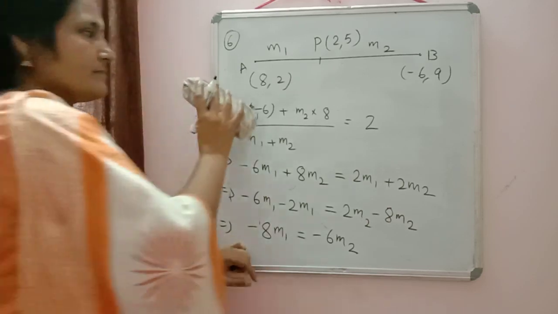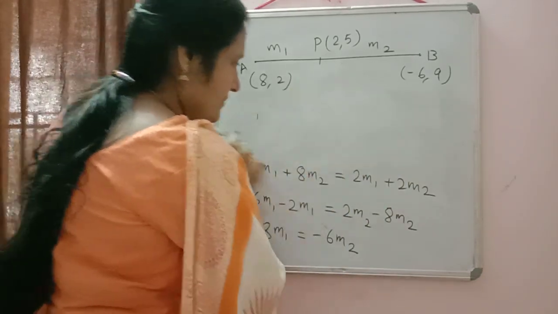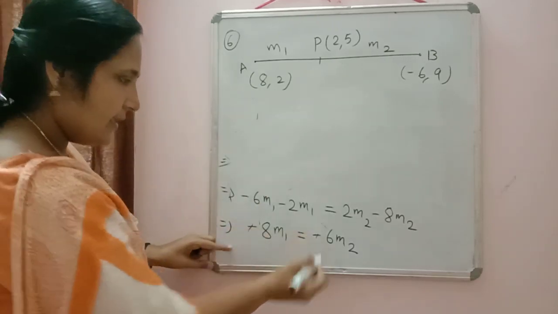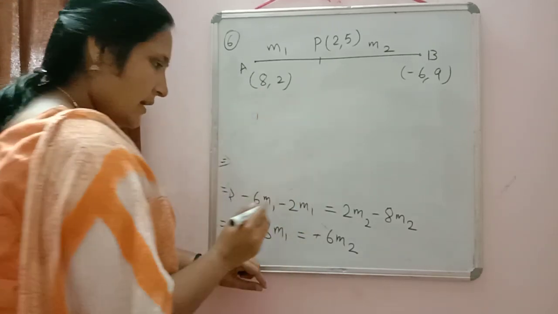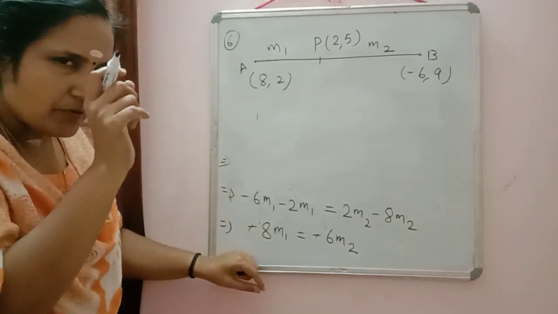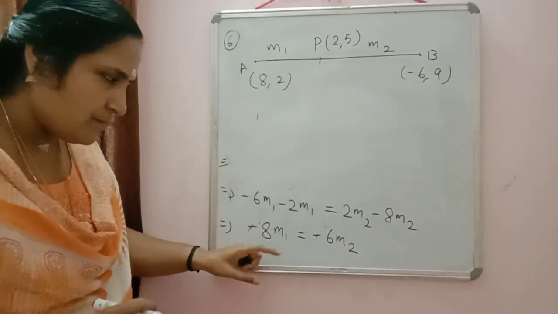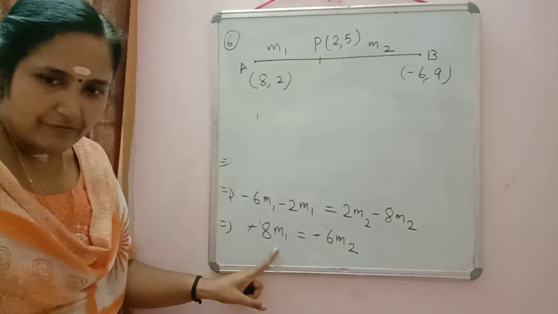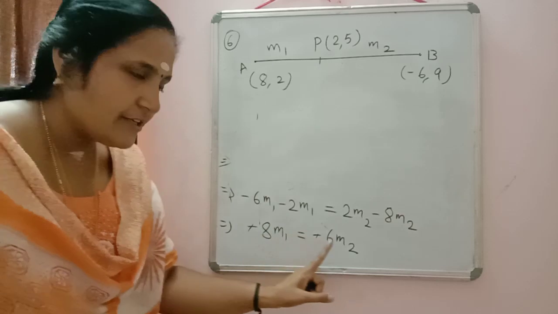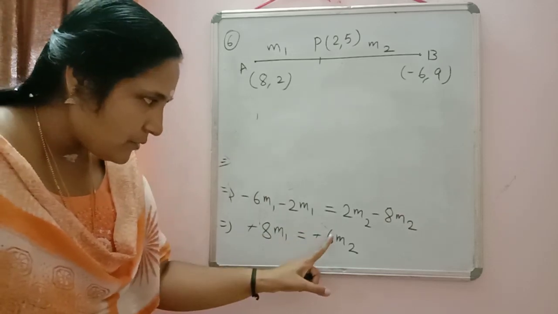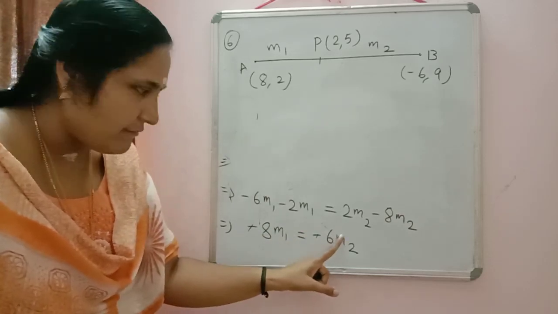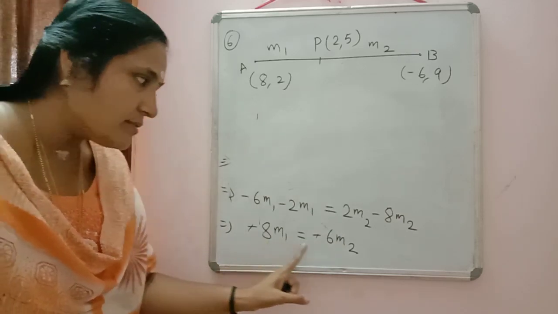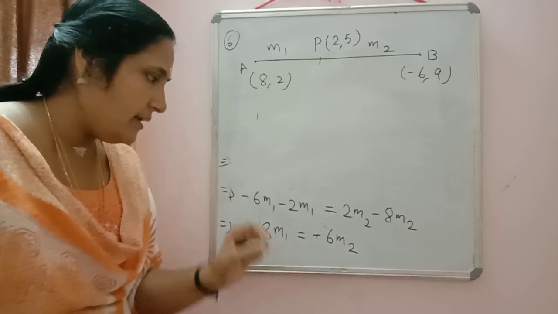Okay. Here the negative sign gets cancelled. Now we have to find the value of m1 by m2. So I shift m2 to the left hand side and 8 to the right hand side. m2 is multiplied by 6, when I change the position it gets divided, and the 8 comes to the denominator on the right hand side.